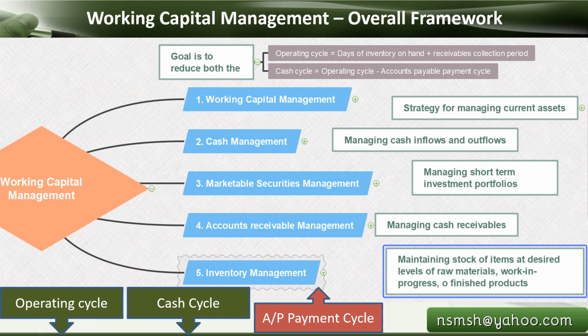So that rotation is going on. This cash cycle expresses how many days it takes a company to convert cash into inventory and then back into cash via the sales process.